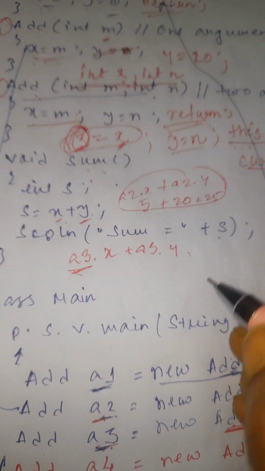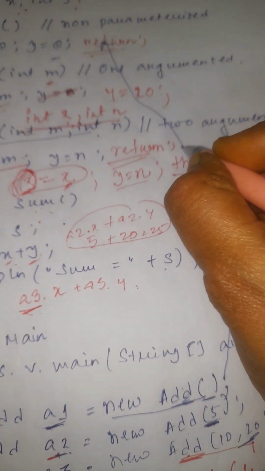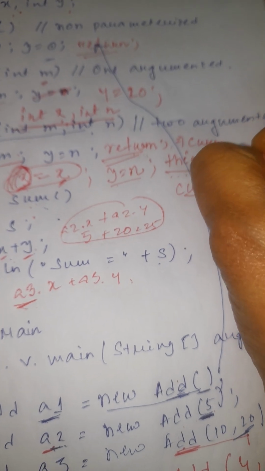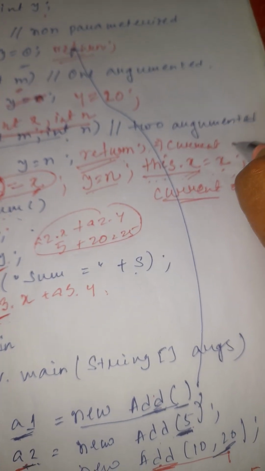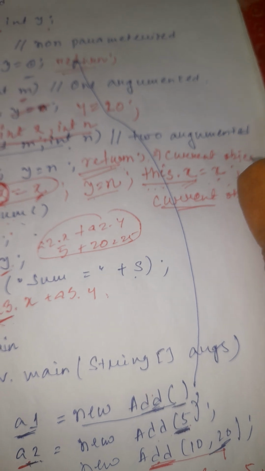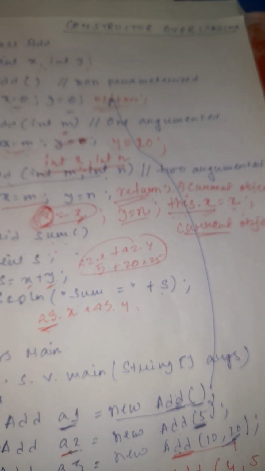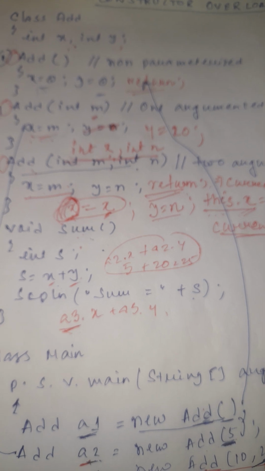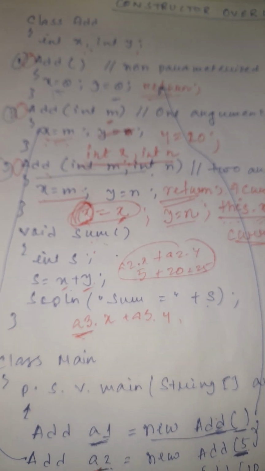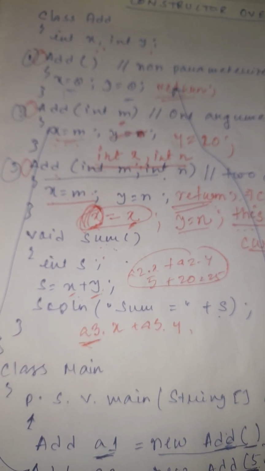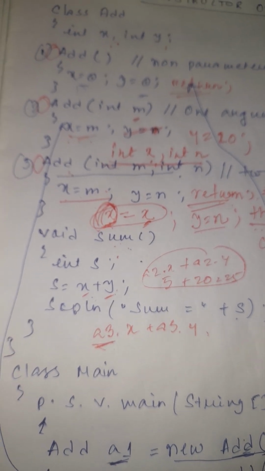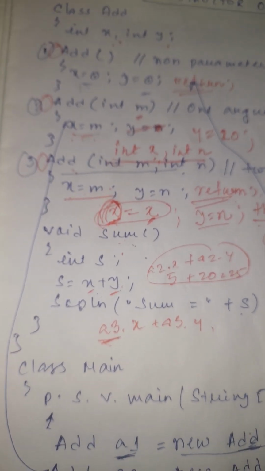So maybe some tricky question you can face: can you use any return statement in the constructor? Return statement you can use, but you don't use any return type for the constructor. Clear? This one is a tricky question.